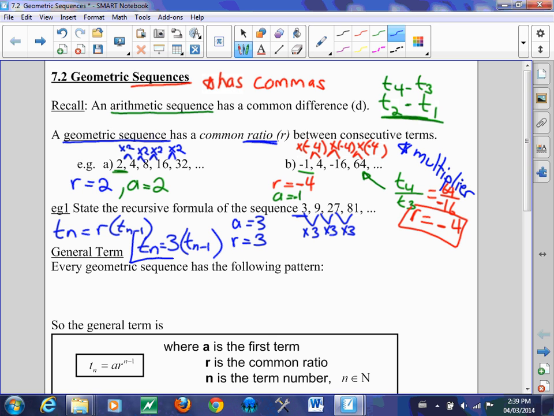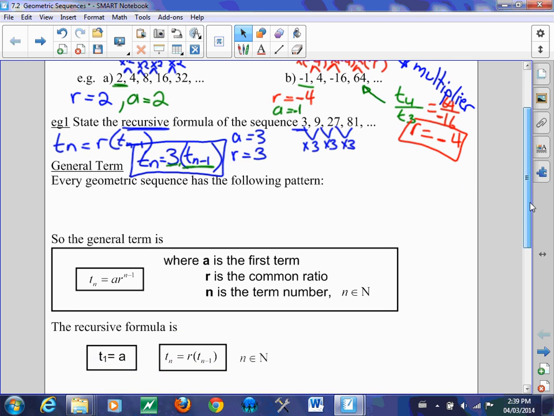That is the recursive formula for this. Just remember, recursive says, how do I get to the next term from my previous term? The previous term is t sub n minus 1, and in this case we're multiplying, so that's why it's times. All right, let's take a look at how we develop the general term for this.